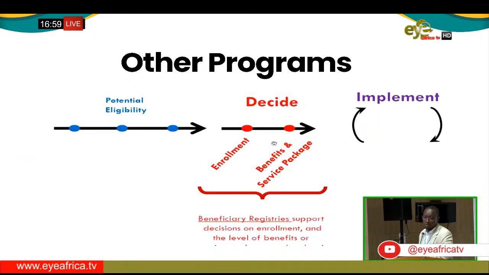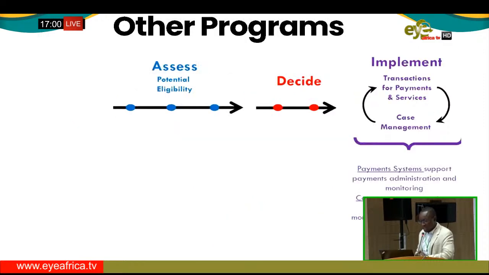There are other systems that take care of the other phases. The decision-making phase, for example, may have beneficiary systems, and these are usually at the level of the programs themselves. They will set up systems to enroll their beneficiaries and also record information about them.